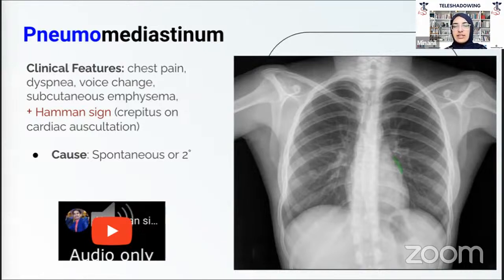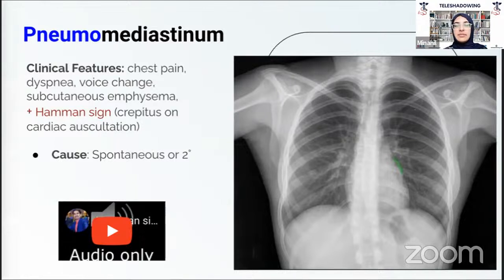Continuous air leakage into the mediastinum can result in air spreading into the neck and other subcutaneous tissue, like subcutaneous emphysema, or the pericardium, which you would call a pneumopericardium. You could also go to the pleural space, and that's when you would call it a pneumothorax, right? That's something we hear often. That's very common. Or into the abdominal cavity, and that would be called a pneumoperitoneum, but it's a pneumomediastinum.